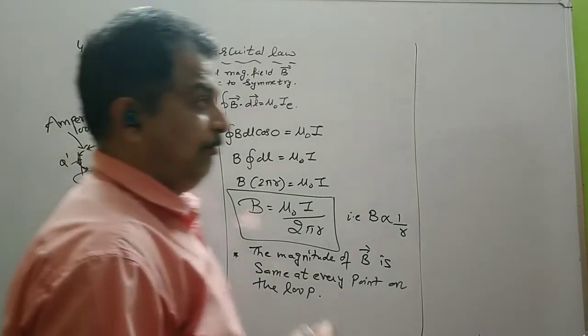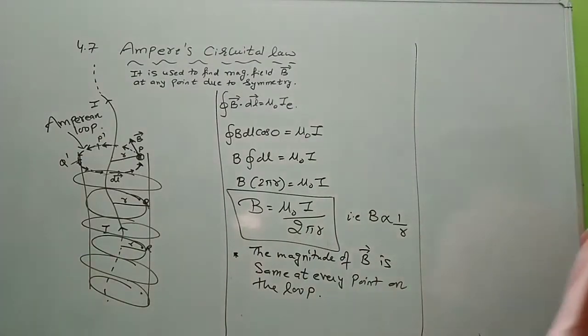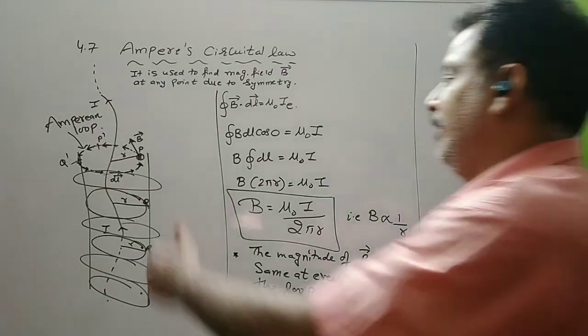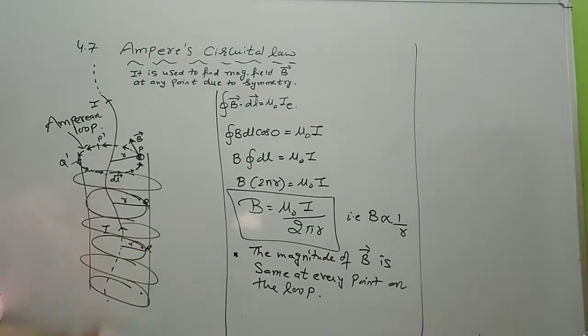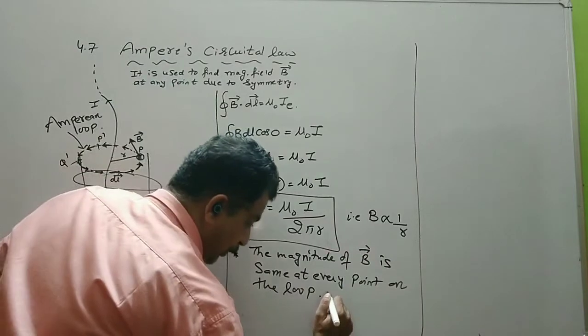Also, if the points are at the same distance R, the field at every point on the circle or the loop will be the same, because that radius is R. And if we consider different points at the same distance, then also it is a cylindrical symmetry.